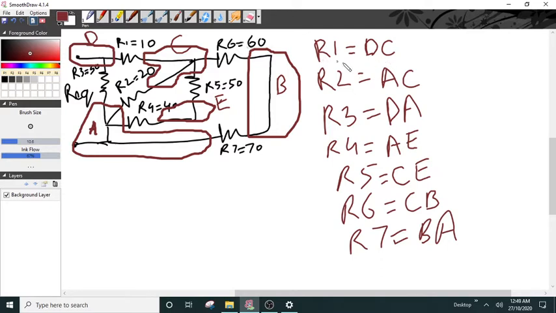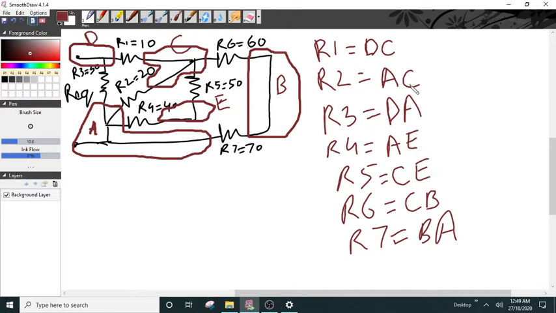Like for example, this resistor is DC. So any other resistor which is connected between DC or CD means that they are connected in parallel. So you just go through all the resistors and see whether you find DC or CD. There is no resistor connected between these two nodes, so there is no resistor in parallel with this R1.